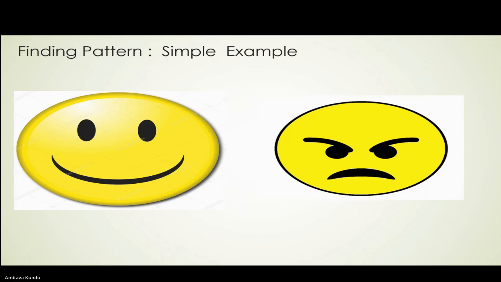But how do you want a machine to identify that this is a smiling face, this is an angry face? We have to identify features and put all those details inside an ML algorithm. An ML algorithm will decide whether it is a smiling face or an angry face, right?